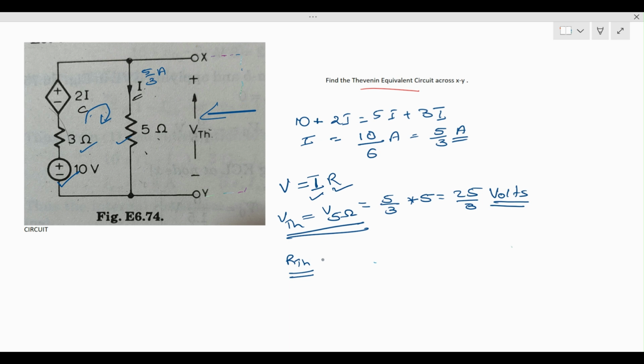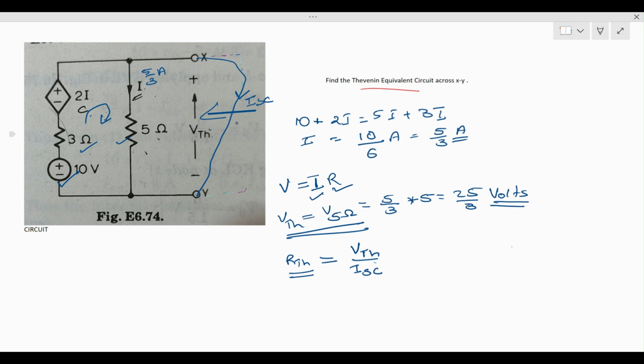We have another equation to find R Thevenin: R Thevenin is the ratio of the Thevenin voltage to the short circuit current, which means if you short circuit X and Y, that current is ISC. So it is the ratio of V Thevenin by ISC.